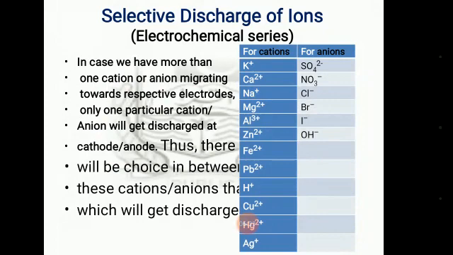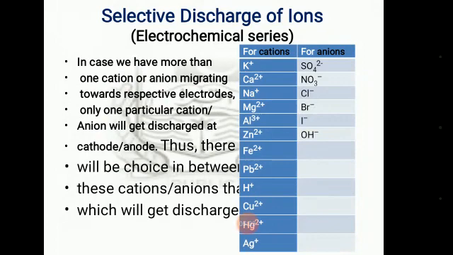which is arranged according to increasing reduction potential from top to bottom. The uppermost three or four elements have the ions like potassium, calcium, sodium, magnesium, aluminum, and zinc. They are most reactive in reference to the oxidation potential because they have greater oxidation potential but lower reduction potential.